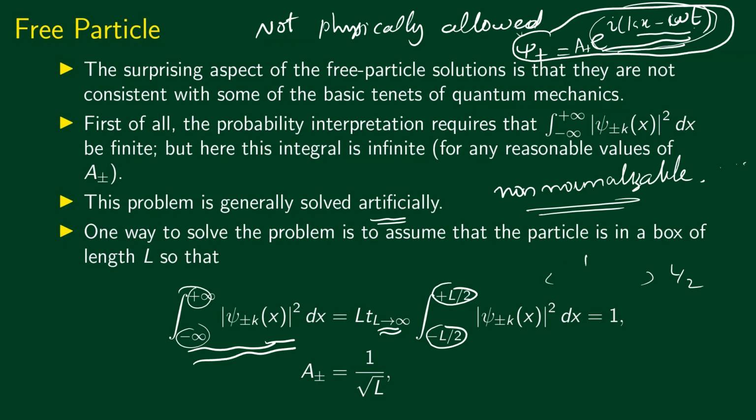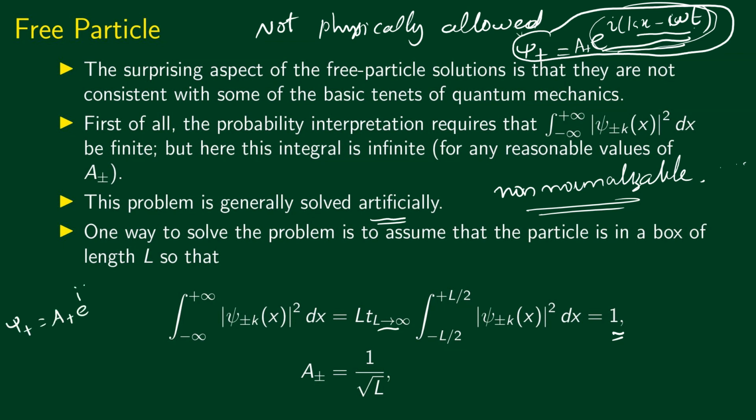Now we can demand that this is equal to 1. For example, let's do this for psi plus. We had psi plus equal to A plus exponential i(kx minus omega t).